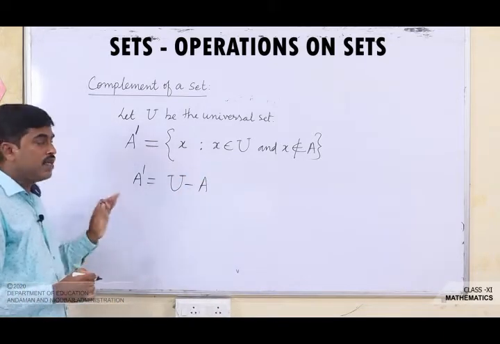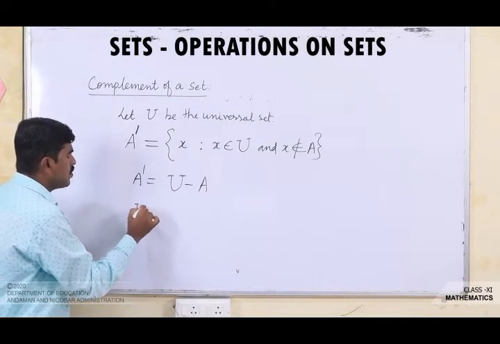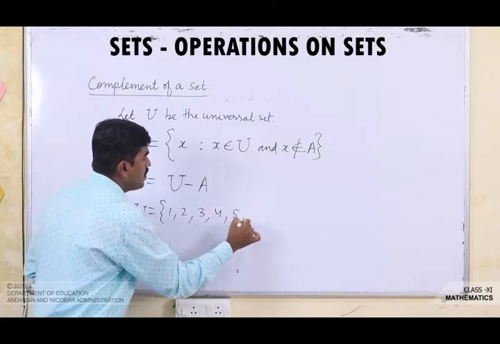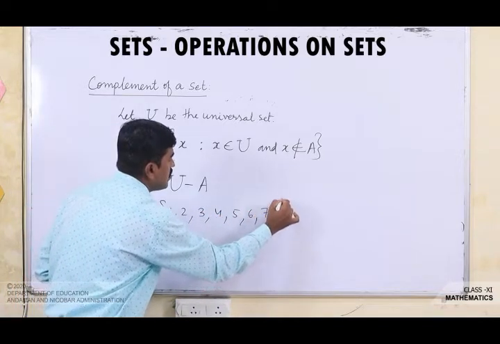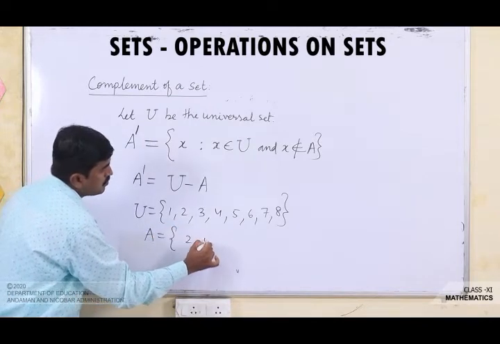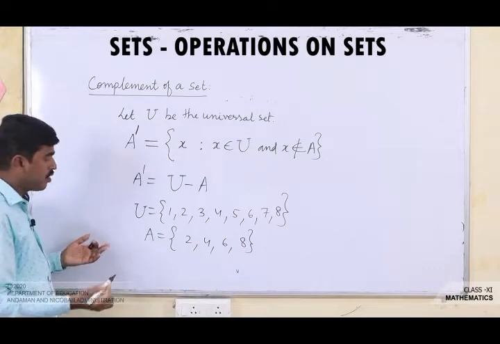Okay. Now let's take one example. Suppose U is equal to {1, 2, 3, 4, 5, 6, 7, 8}, and A is equal to {2, 4, 6, 8}. Then how to write A complement?